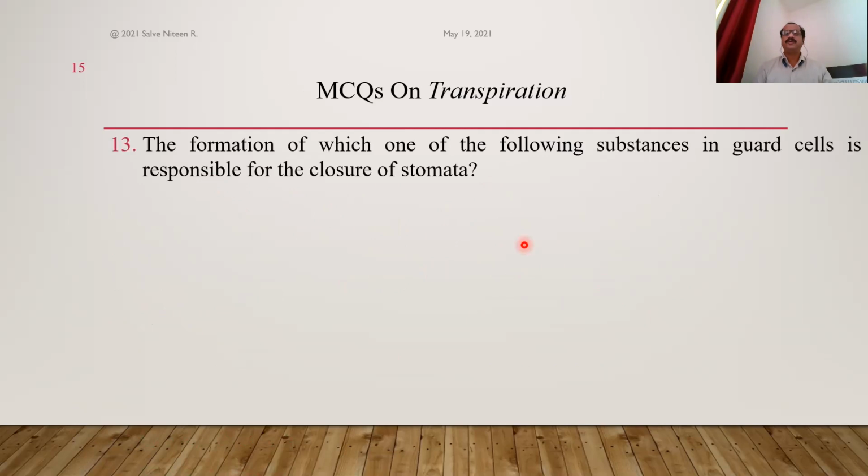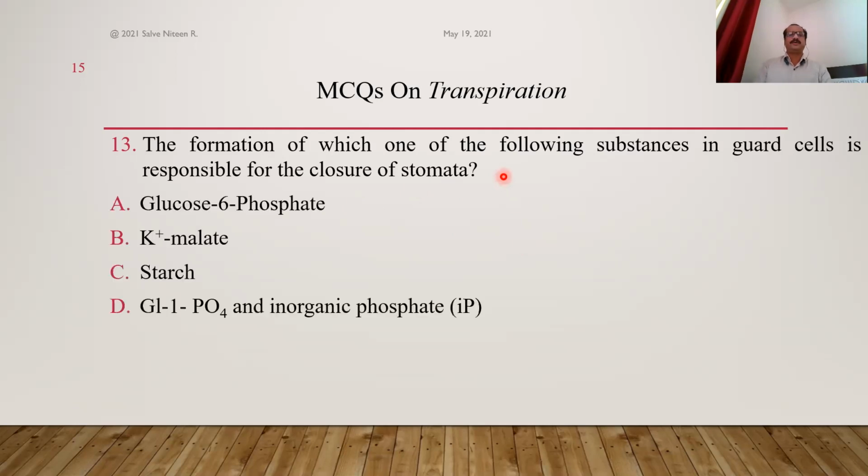The formation of which one of the following substances in guard cell is responsible for the closure of stomata? You have studied, as per both hypotheses, that is Steward's hypothesis proposed by scientist Steward in 1964, and Levitt's hypothesis, the proton transport concept, also called the potassium pump hypothesis, proposed by scientist Levitt in 1974.